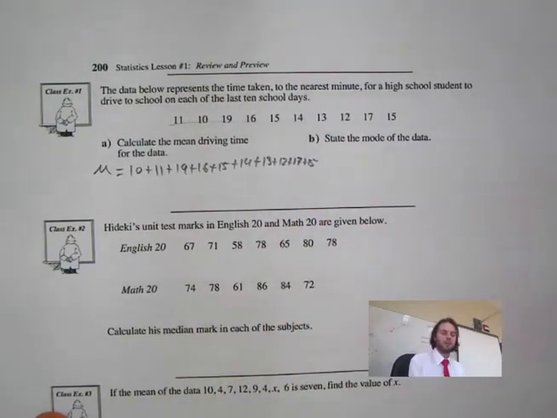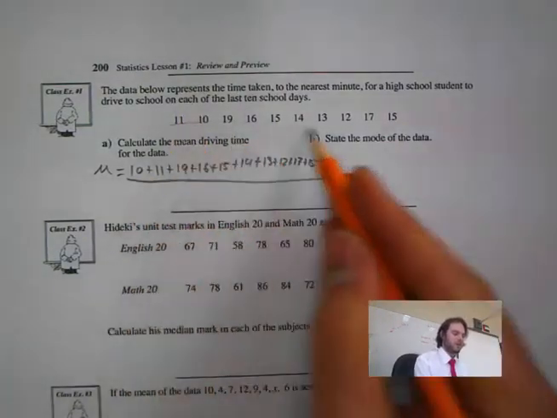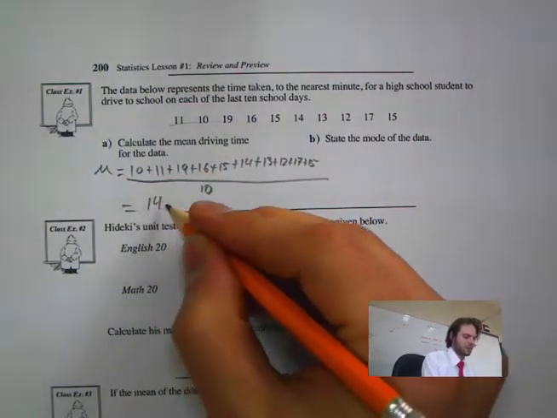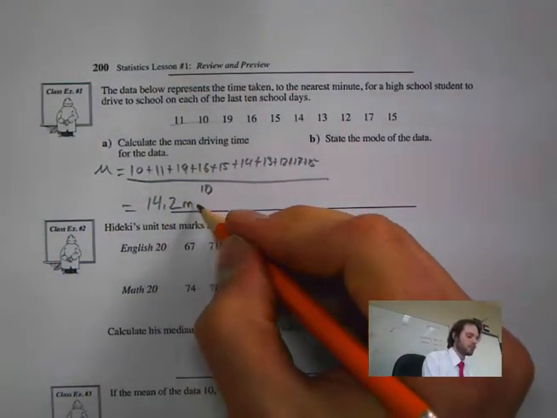I add all those up, and I divide them by how many there are. There are 10 of them. That's going to end up giving me 14.2. So my mean driving time is 14.2 minutes.